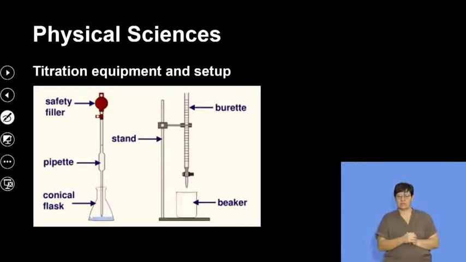We know that there's a burette, which is calibrated to give us the volume of a solution that was used in a reaction. We also know of a beaker, which will contain some substance which has been measured or pipetted. The pipette measures a fixed volume of a solution.